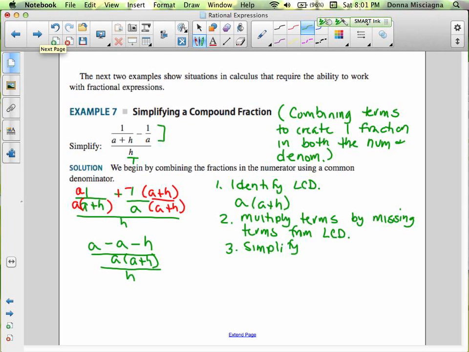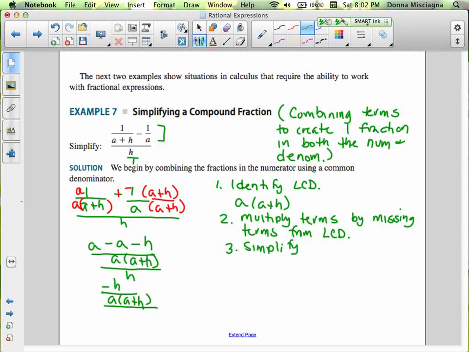We're not done simplifying. Well, a minus a minus h is just going to be a negative h. The a's will cancel. So we have negative h divided by a times a plus h, all divided by h.